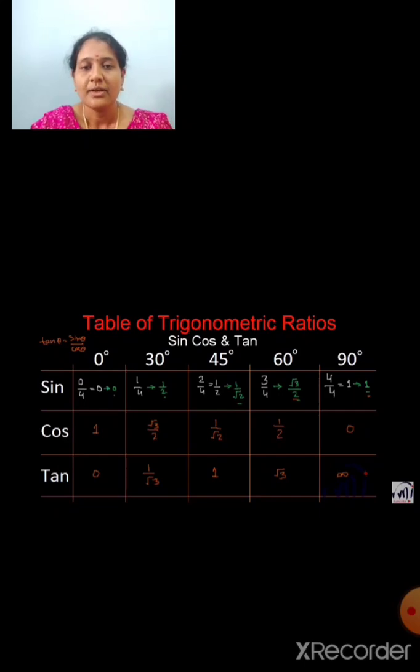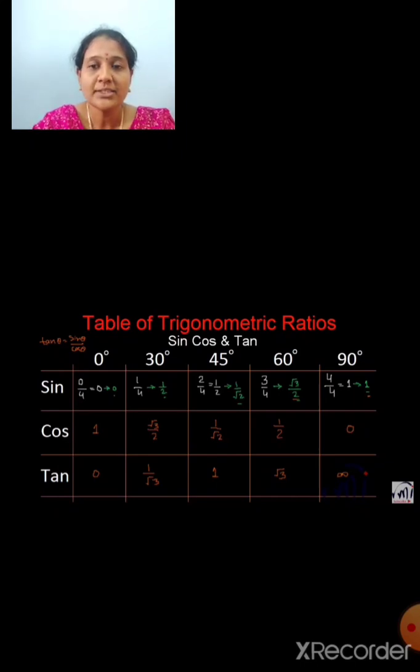Next, tan 60. If you want the tan 60 value, sin 60 is root 3 by 2, cos 60 is 1 by 2. Cancel the 2 denominators, you get root 3. Then sin 90 is 1, cos 90 is 0. Just now I told you, children, anything by 0 is not defined. It may be written as infinity.